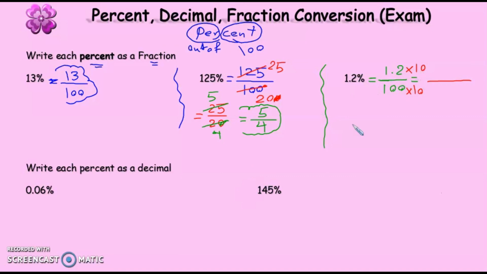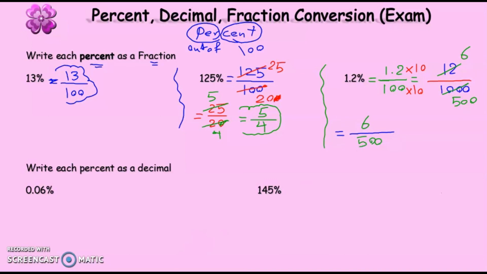Okay, if I multiply 1.2 by 10, it would be 12. And the denominator gives me 1000. Is it my final answer? No, because you can reduce this fraction. Let's reduce it. If I reduce top and bottom by 2, I'll get 6 on top and 500 on bottom. 6 over 500. Is it the final answer?